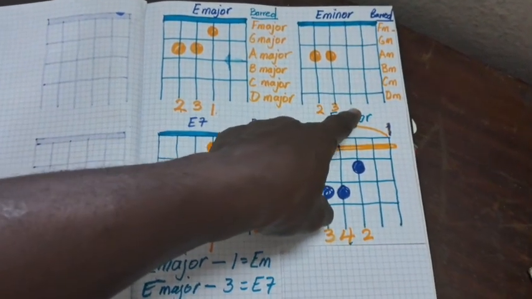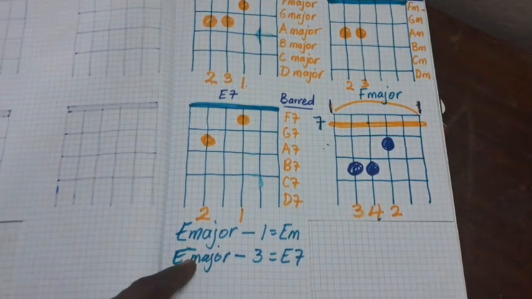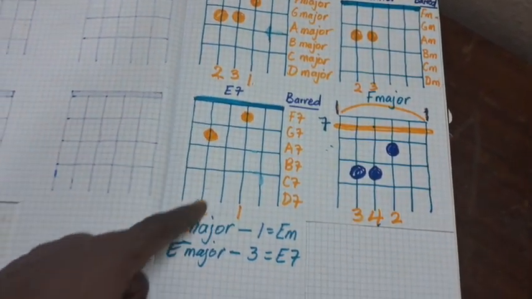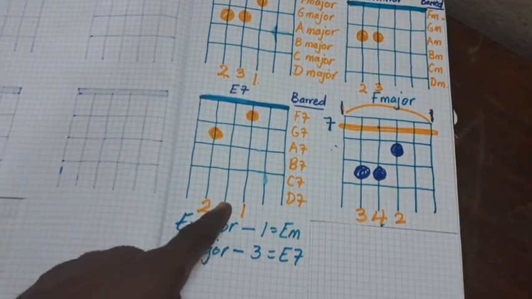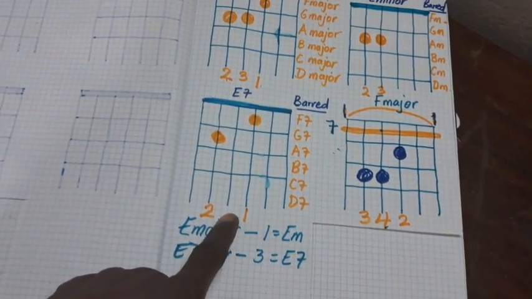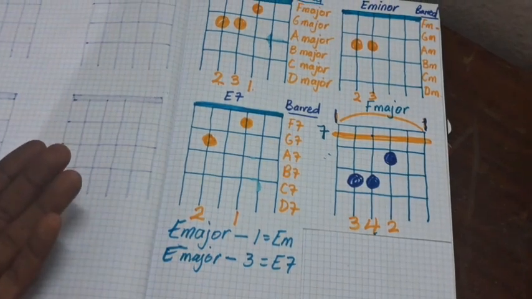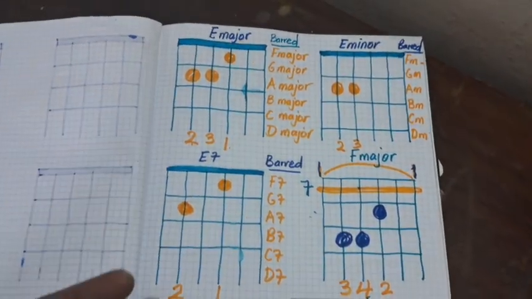You see there's no 1 here. And then E major minus 3 gives us E7. That's why we don't have a 3 here. So for those who are mathematically inclined, I'm sure you'll be rejoicing now.